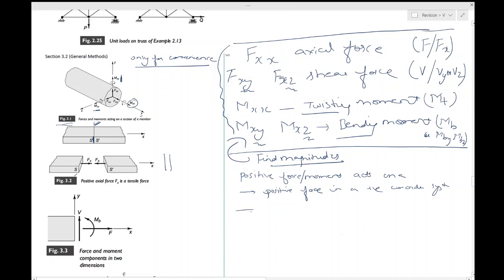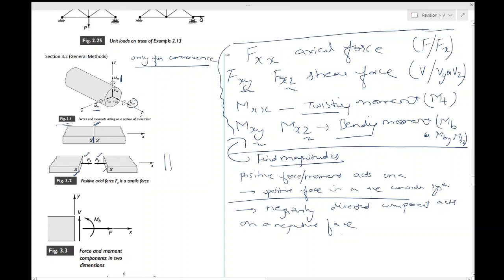It also acts on a negatively directed component on a negative face. So you have a positive force acting on a positive face, you have a negative force acting on a negative face, and hence both of them are positive.